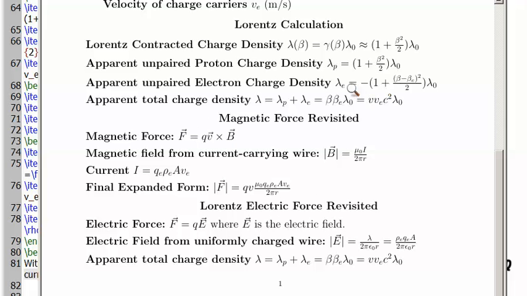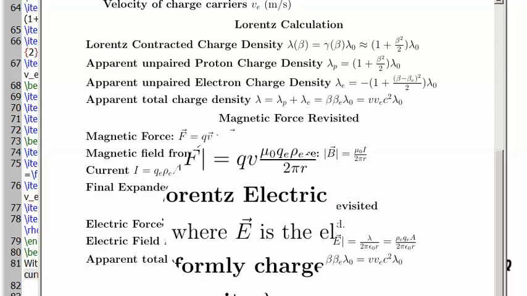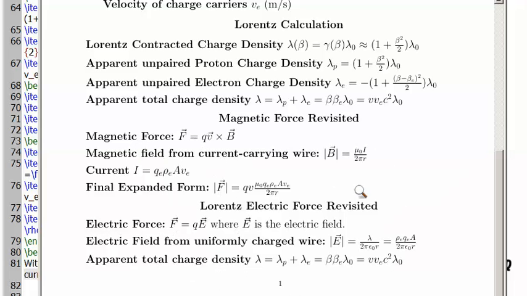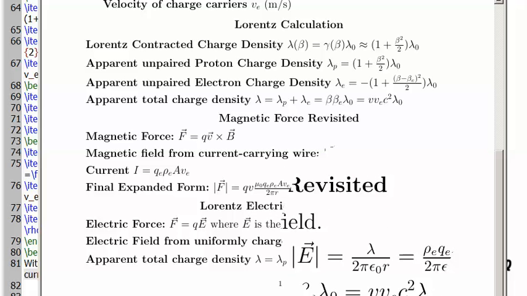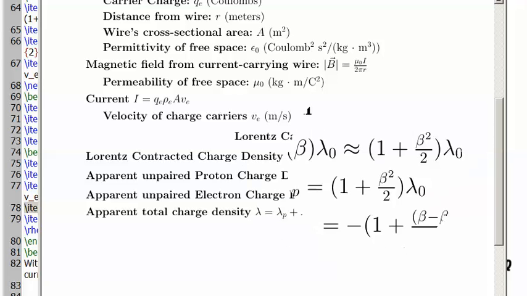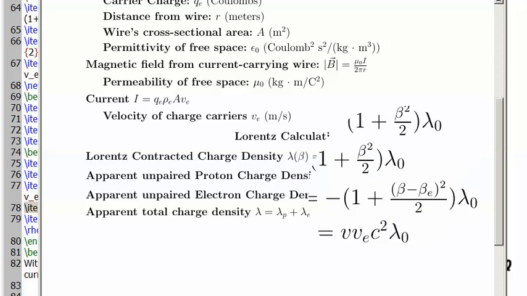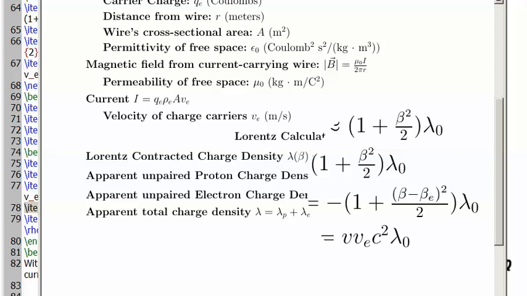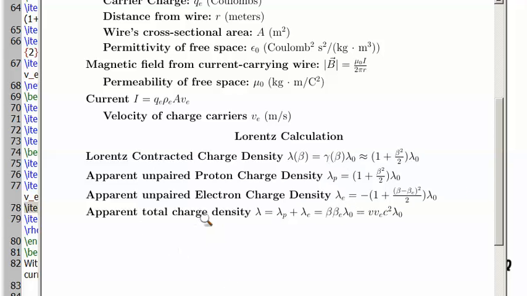Okay, now with the Lorentz effect, force is equal to charge times the electric field, where E is the electric field. We replace the E with lambda over 2 pi epsilon naught r. Since lambda sub p was 1 plus beta squared over 2, and lambda sub E was negative 1 plus beta minus beta sub E quantity squared over 2 lambda sub E, we can find the apparent total charge density.